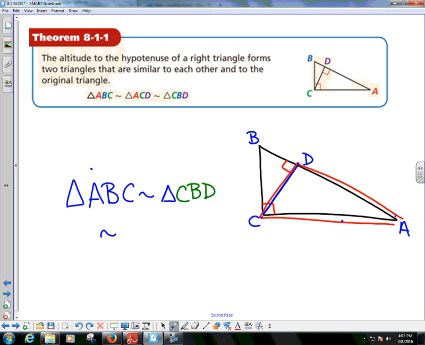Well, my hypotenuse and long leg is angle A again. So I'm going to talk about triangle A. And then I went to my angle that wasn't my right angle. The angle that wasn't my right angle for this triangle right here is C, right? This is not a right angle. So AC, and then I landed on my right angle. And this angle D is my right angle. So those are my similarity statements for that one.